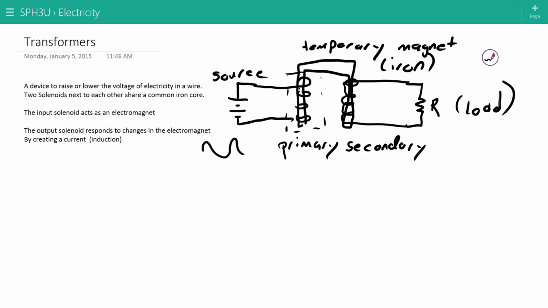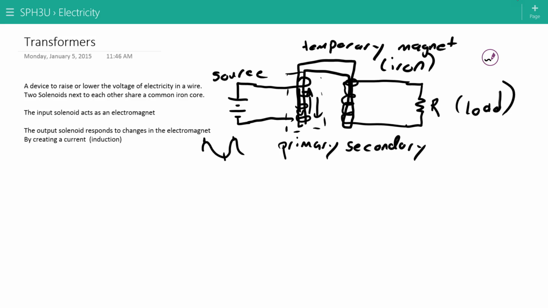So the magnetic field here will go down, and then up, and then down. Again, we talked about how to use the right-hand rule to come up with exactly which magnetic field is being created at different points, but for the purpose of this, it really doesn't matter.